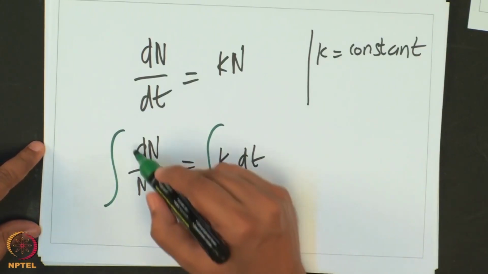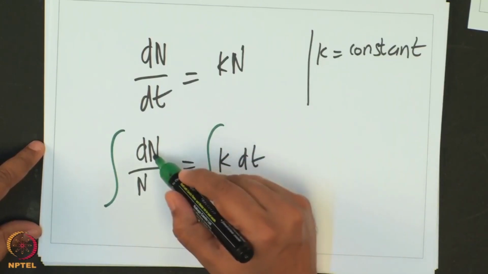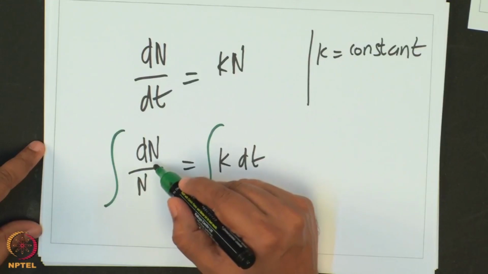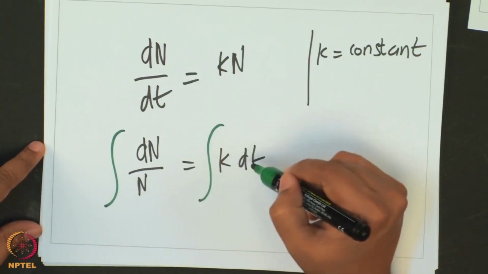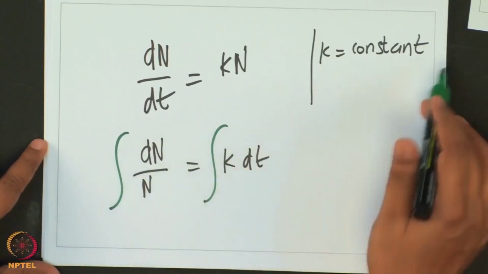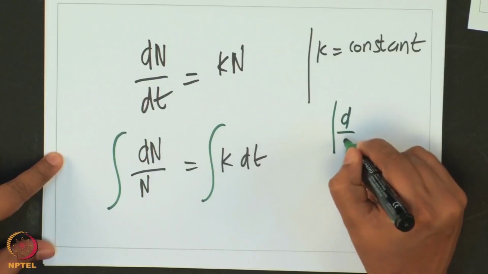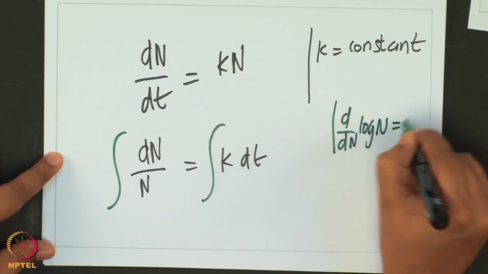Now I have my function here, 1 over n dn. So 1 over n is my function. The integral of 1 over n dn is the integral of k dt. So what is 1 over n dn? It turns out that the derivative d by dn of log n is 1 over n.